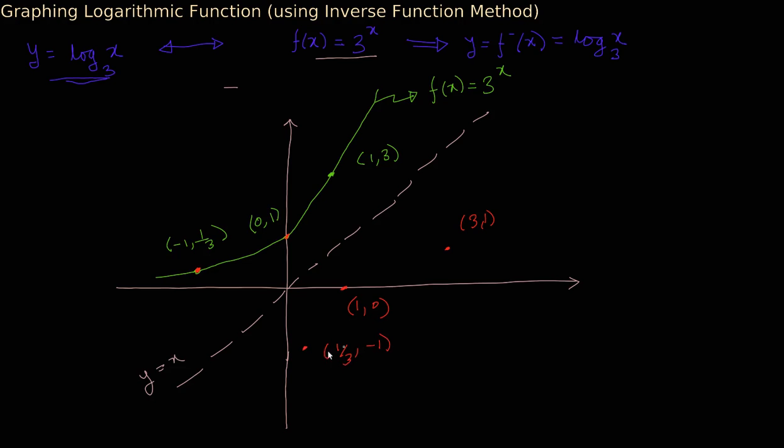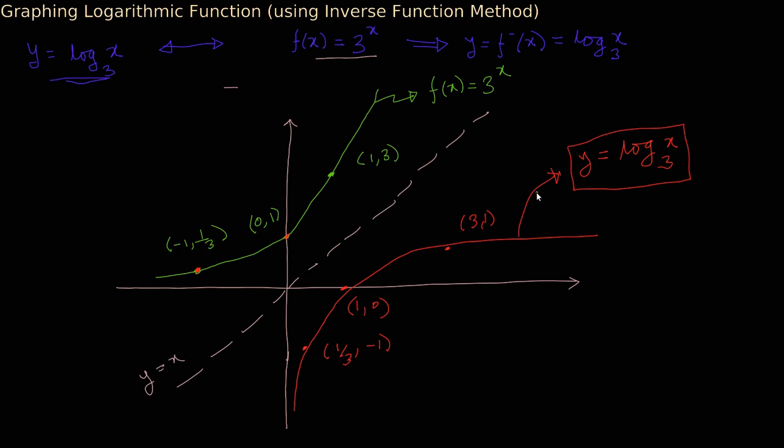All right, so if I try to connect all these points, I get something like that. So this is basically my logarithmic function, which is y equals logarithm x base 3. Okay, so that's the easiest way to plot a logarithmic function.